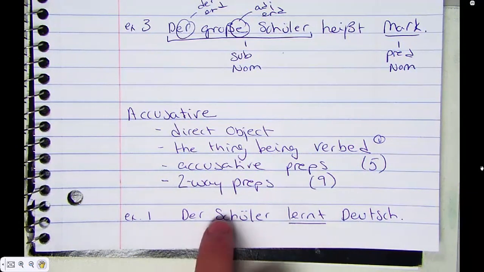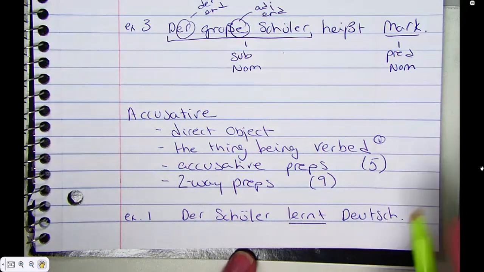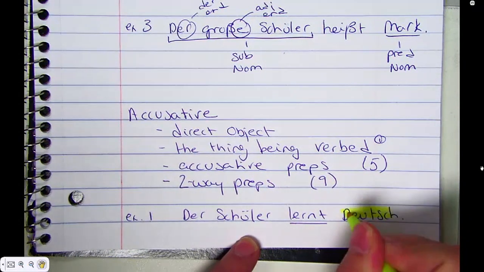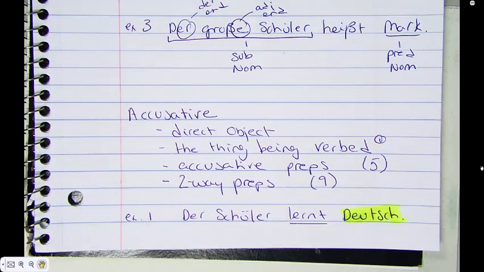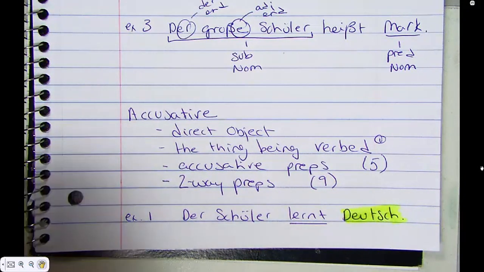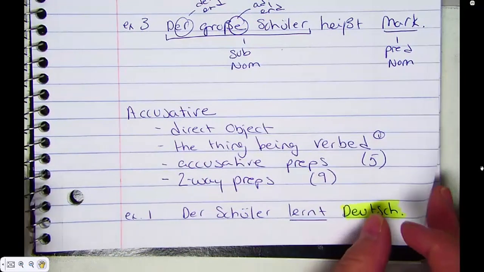Was lernt der Schüler? Deutsch, that's my direct object. So what is being verbed or what is being learned? Deutsch. So you can just use the verb that is in the sentence to identify what is being verbed. And that is your direct object.